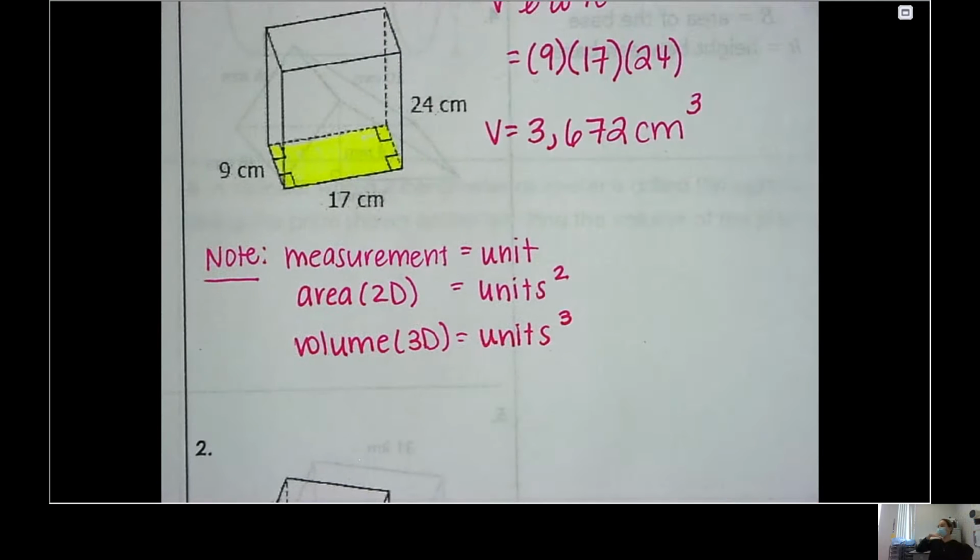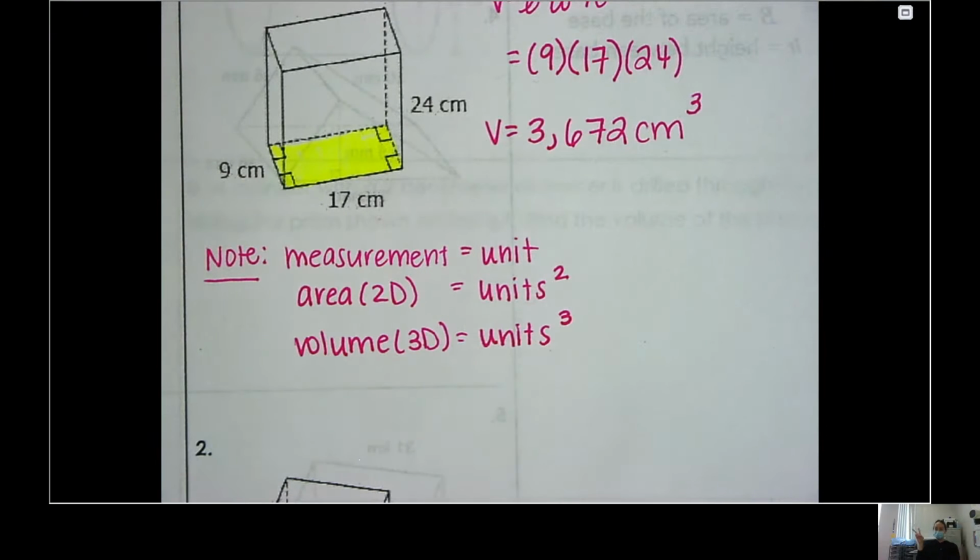So if I just said the length is 17 centimeters, the area would be centimeters squared, the volume is centimeters cubed. That's really important, because if you don't have the right label, it'll be marked wrong. All right, once you finish writing down that little note, I would like you to try number 2.